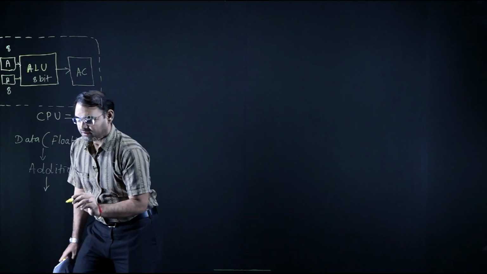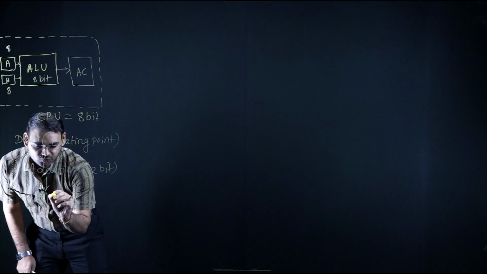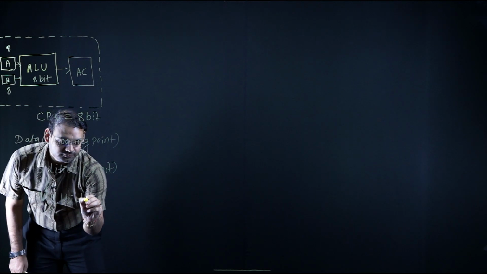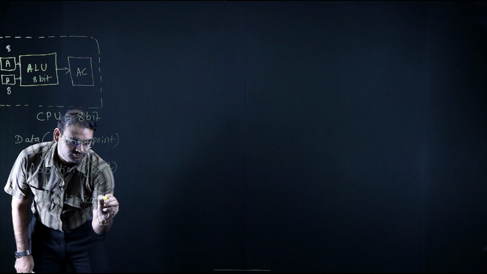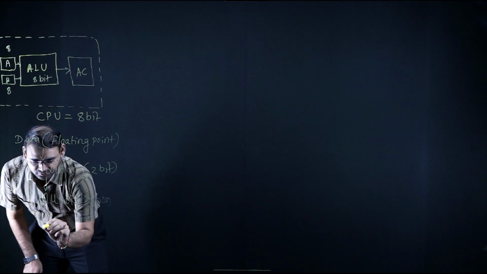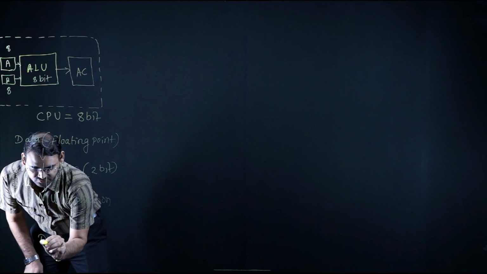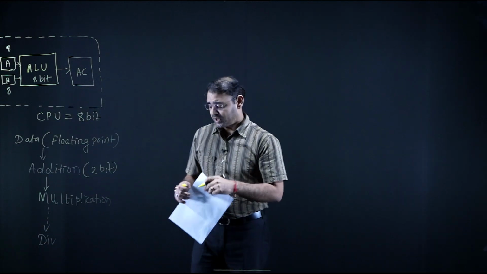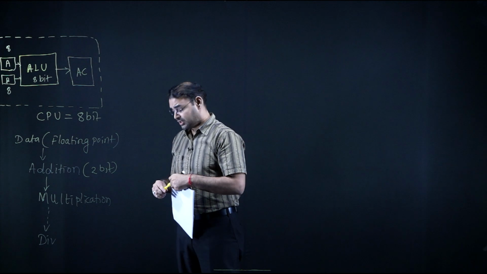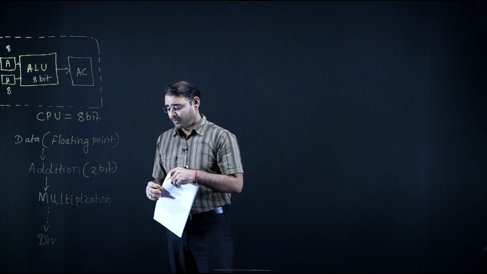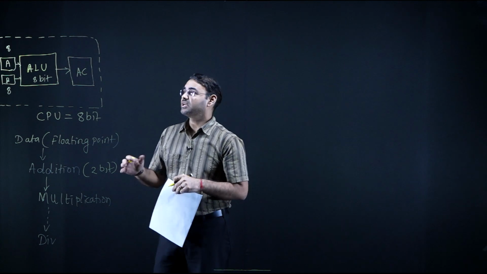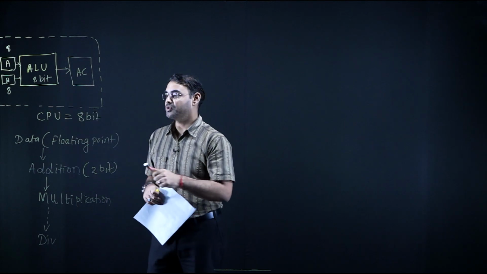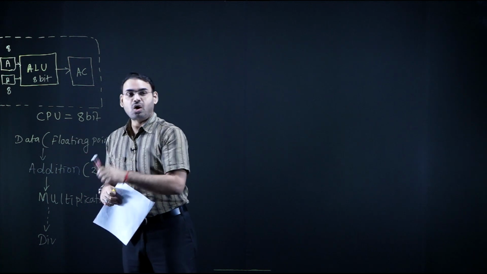Then most of the time we consider multiplication, and up to the end, division also, that we can perform. These operations are performed inside the ALU system, which is completely responsible for the CPU performing all these operations.